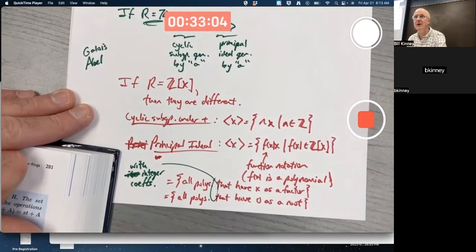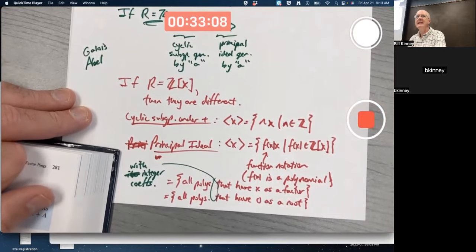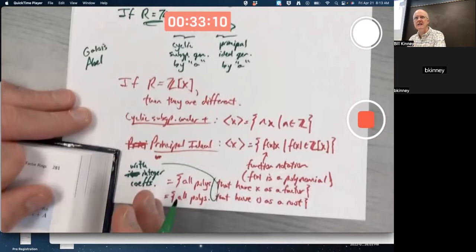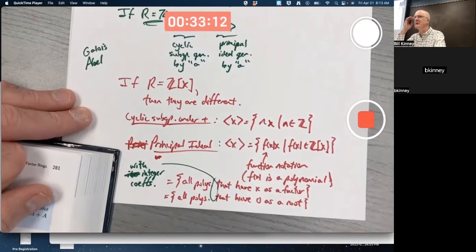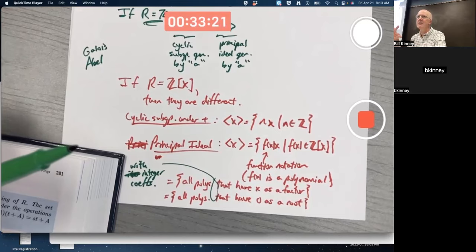Back about 200 years ago, about the 1820s or so, they were studying equations. Their goal was to think about solutions of equations. Linear equations are solvable. Quadratic equations are solvable with the quadratic formula. Cubic equations are solvable. There's a cubic formula. Quartic equations are solvable. There's a quartic formula. You do not want to see it.